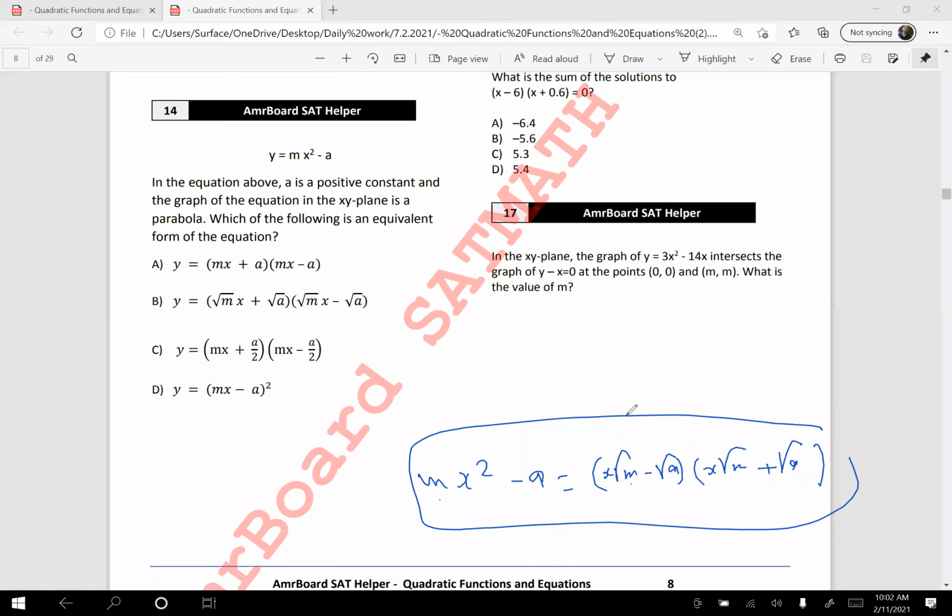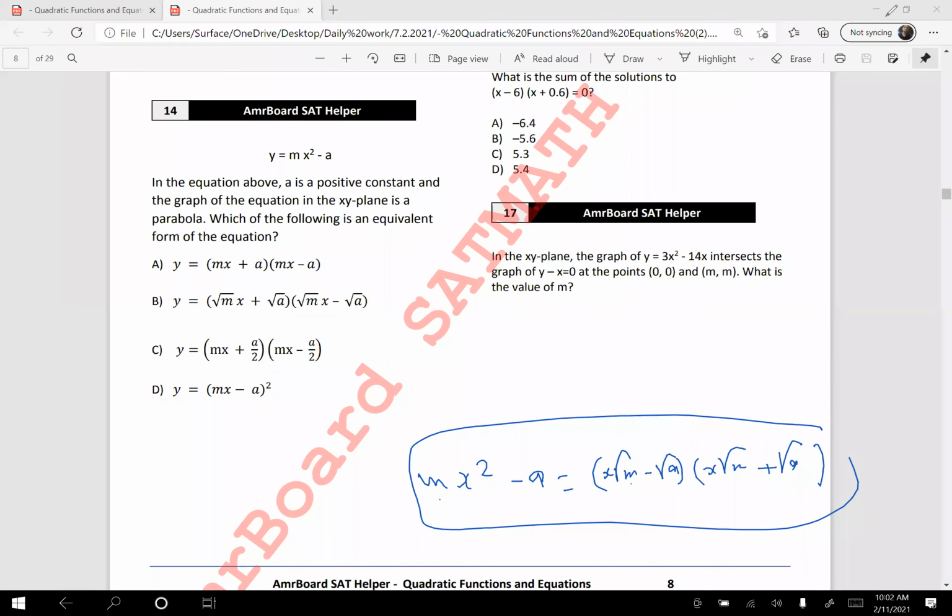What about number 17? Who can solve it? Omar Farid. Where is Omar Farid? Did he leave? Omar Sobhy. Okay. Number 14. 17.